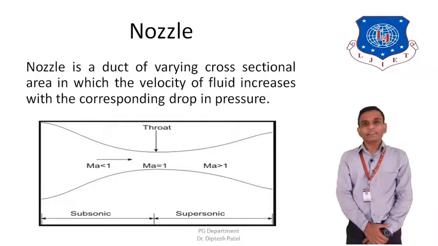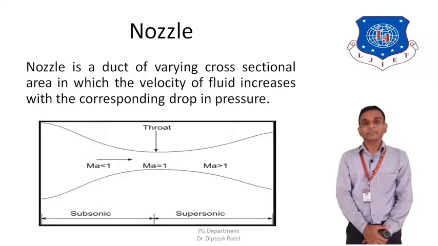Now, what is the application of nozzles? A nozzle has a wide range of applications from different industrial sectors to the power generation industry and to jet propulsion and aircraft engineering.